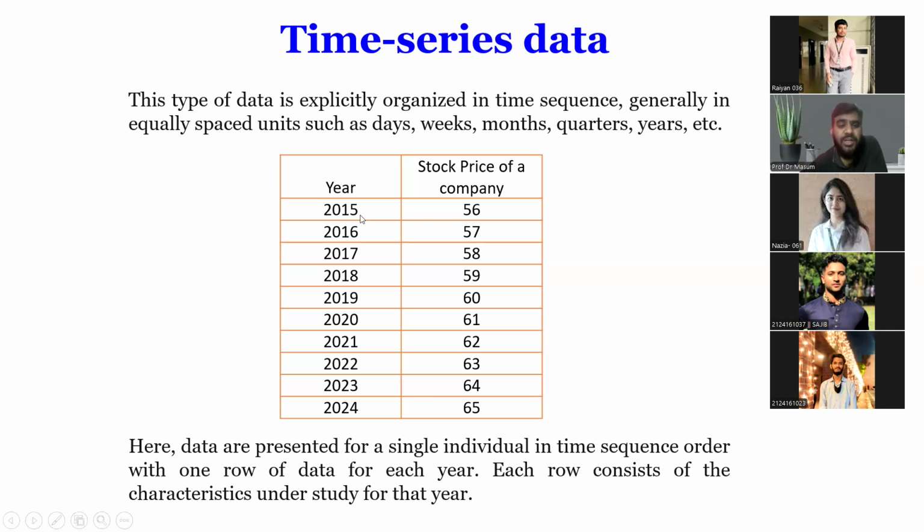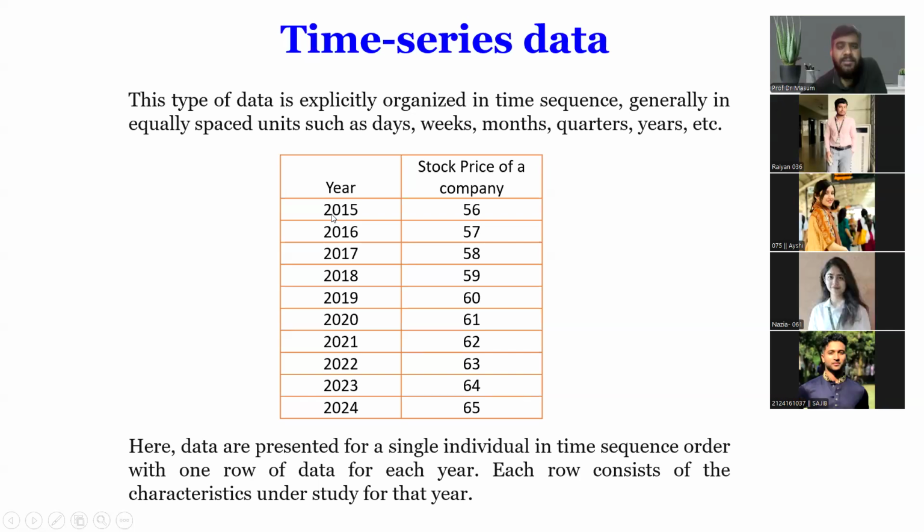So in cross-sectional data, you are collecting data only for 2015, and the individual companies will be different. Maybe you have collected data for 50 companies in 2015. Are you getting? Data for 50 companies only for 2015 is known as cross-sectional data.